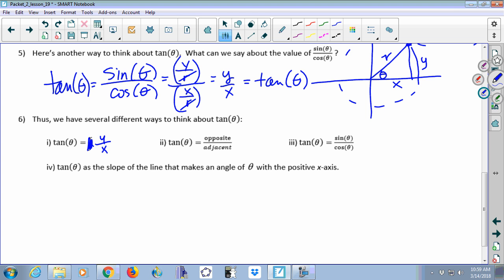If we're on a unit circle, that's the same as opposite over adjacent in the triangle. It's the same as sine of theta divided by cosine of theta. It can also be thought of as the slope of the line. Okay, so there's 4 different ways to think about your tangent function or your tangent ratio. Any questions on those little problems there?